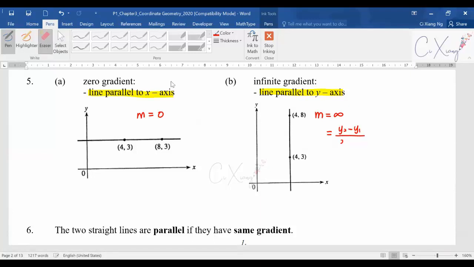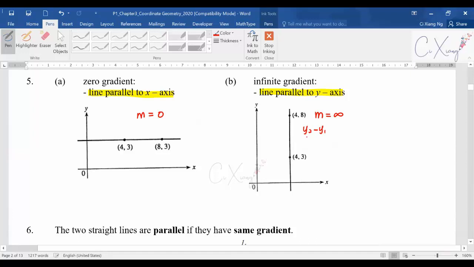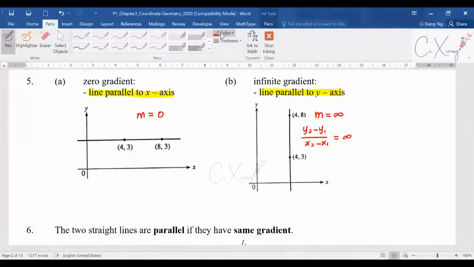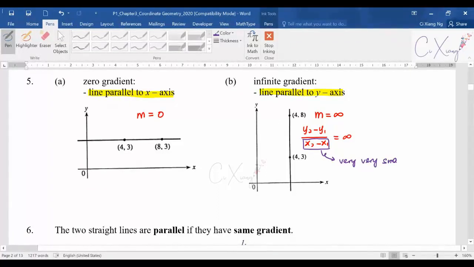When the gradient is equal to infinity, maybe you need to take note of this. Gradient is y2 minus y1 divided by x2 minus x1, right? And it is equal to infinity. How can I get a value which is infinity? No matter what the value on top is, to get infinity, you have to make sure that the denominator is very, very small.